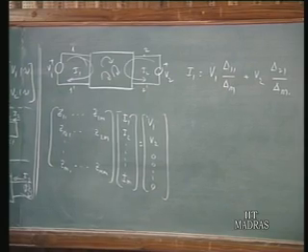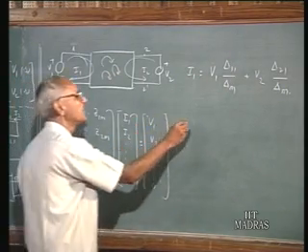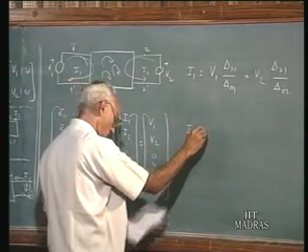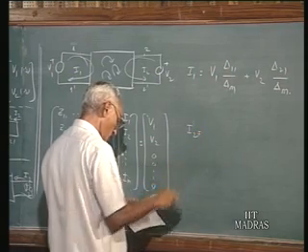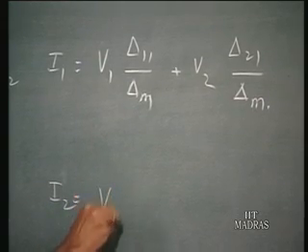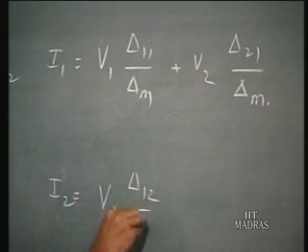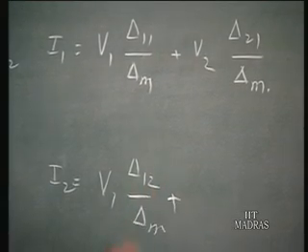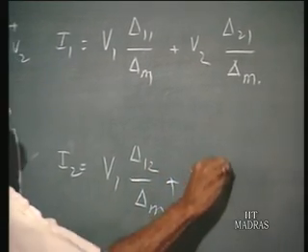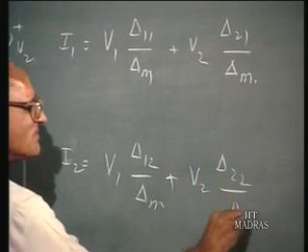Therefore, when you expand that, you will get this. And similarly, I2 will be V1 times delta 12 by delta m and V2 times delta 22 by delta m.